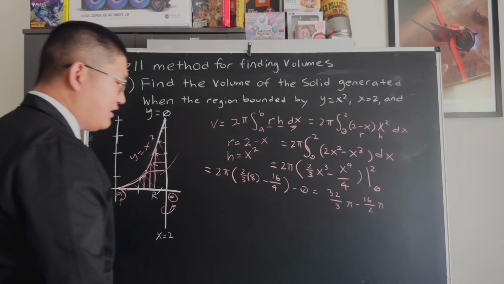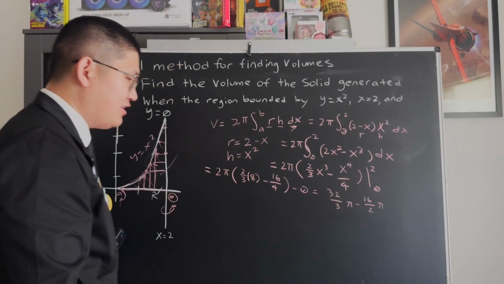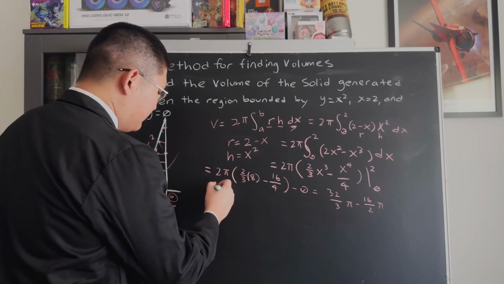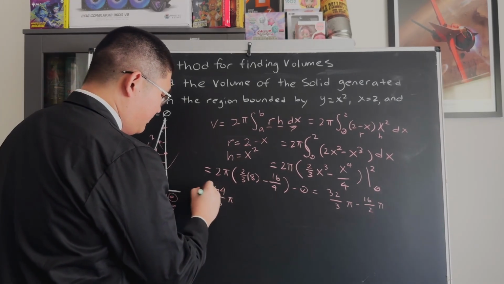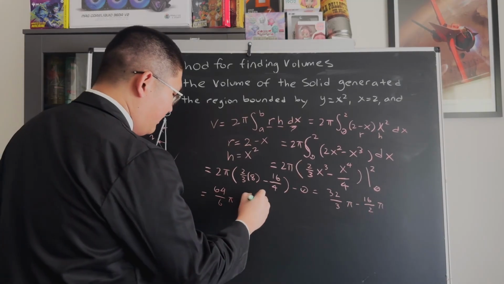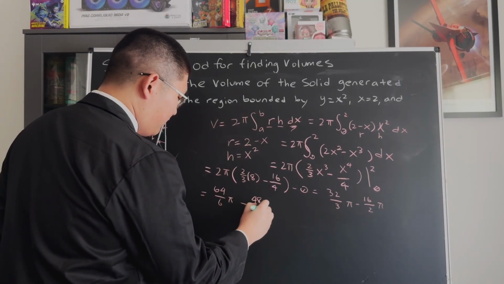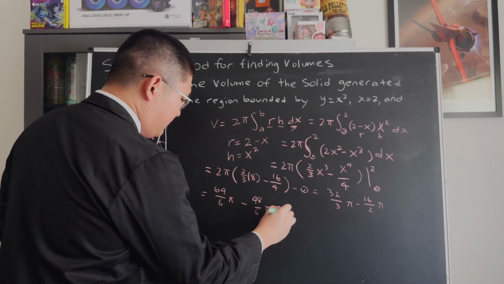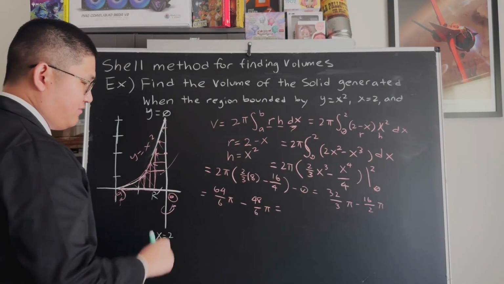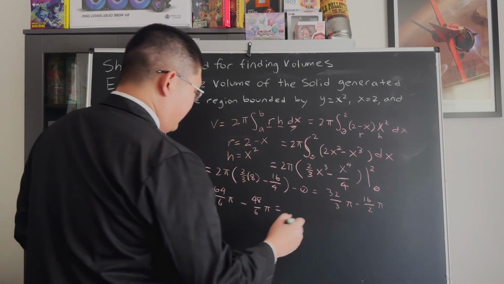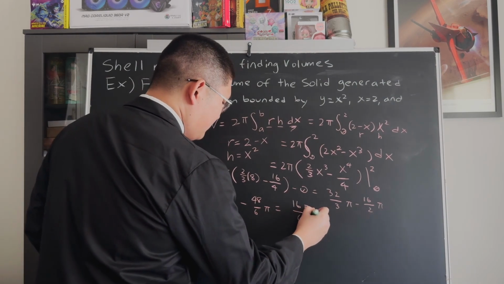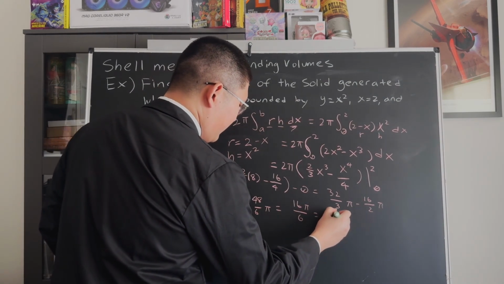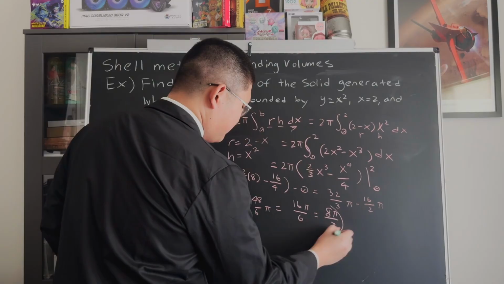And because of that, we can make the common denominator of 6, giving us a 64 over 6 pi subtracted now by a 48 over 6 pi, leaving us with the final fraction of 16 pi over 6, with the simplification going to 8 pi over 3.